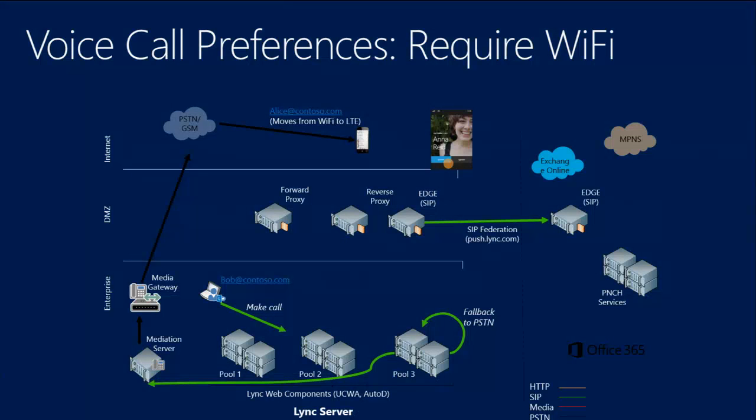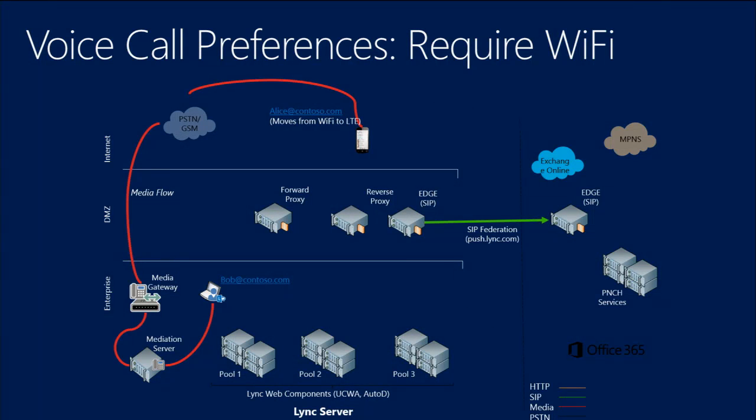Same experience. She doesn't necessarily have to know that she received a call on Wi-Fi or over the cellular network itself. And then here we're just showing the media flow itself. It's just over the cellular network, out to the PSTN, and then from the PSTN back into the gateway, and then Bob's talking to the mediation server as an example for his media path.